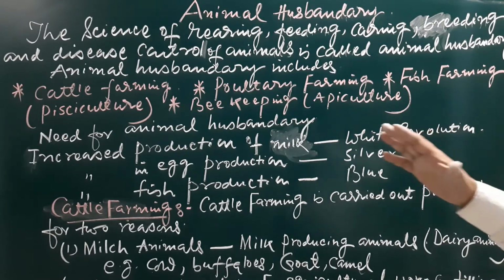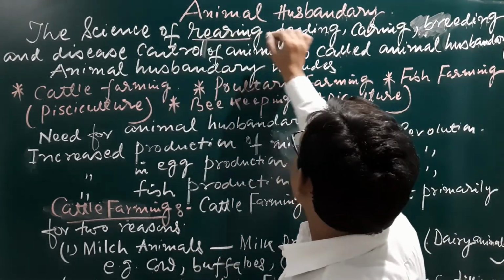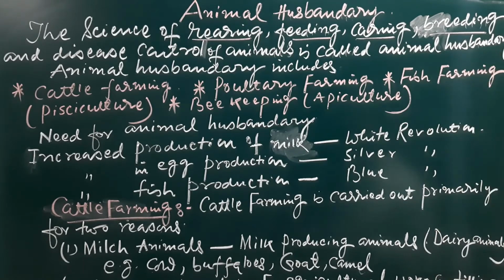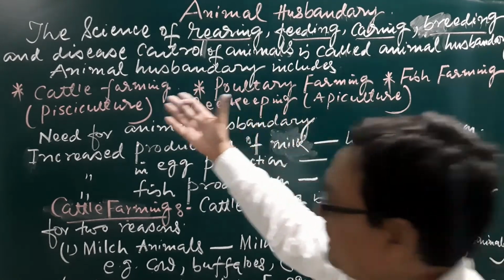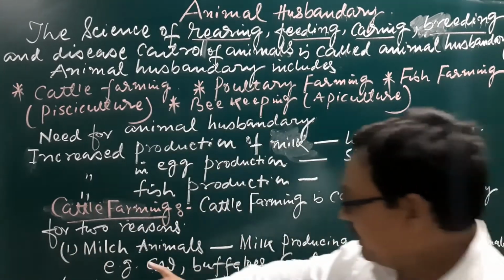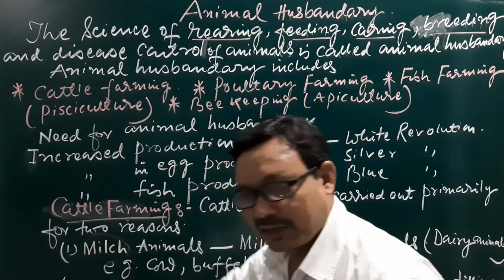The science of rearing and feeding and caring, breeding. Breeding means how can we get a better variety, a breed, like in the case of cattle farming, when we study the milch animal, meaning the animal which can provide us milk.